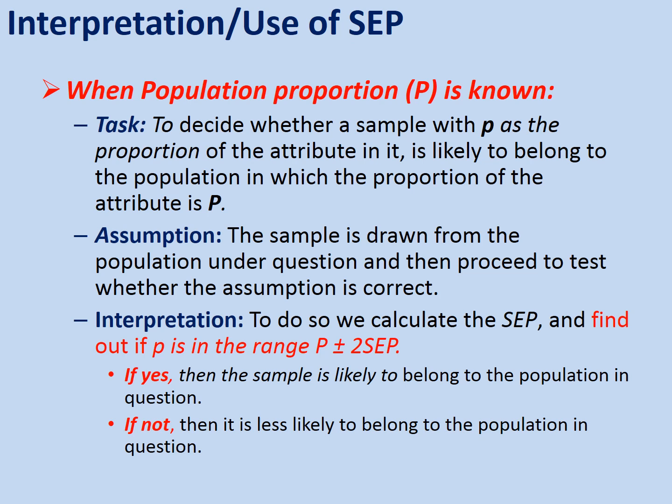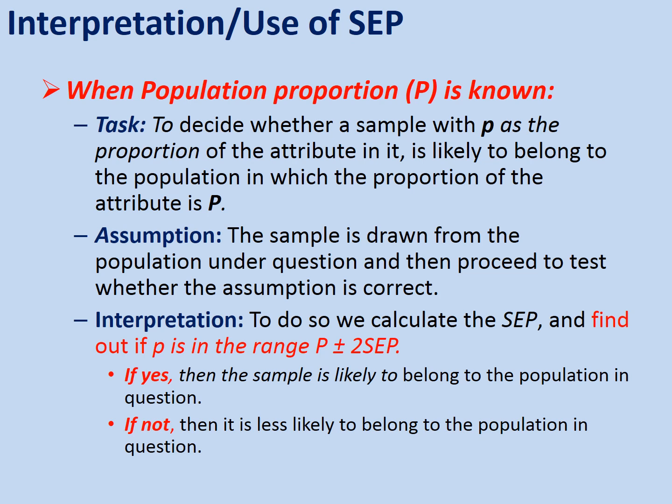Now our assumption here is that the sample we have taken from the lonely town actually belongs to the lonely town, and that we have to test, or decide, with the help of this formula. The formula for deciding that is the population proportion, persons with hypertension in the lonely town, plus or minus 2 standard error of proportion. You already know how to calculate the standard error of proportion from the previous slide.